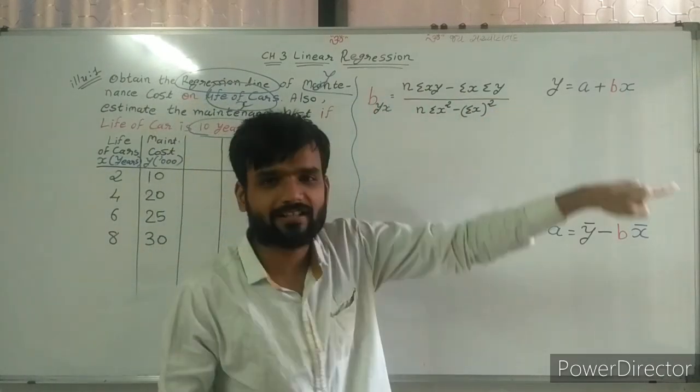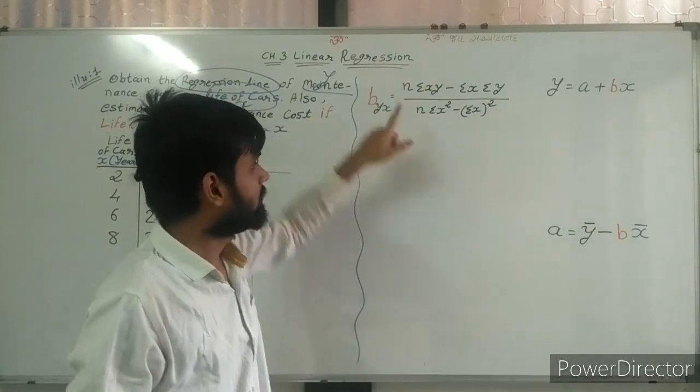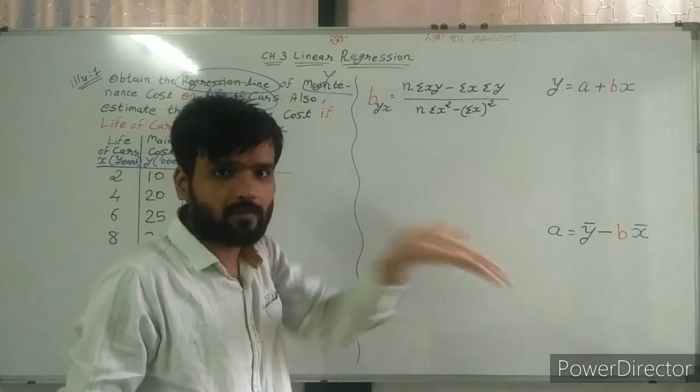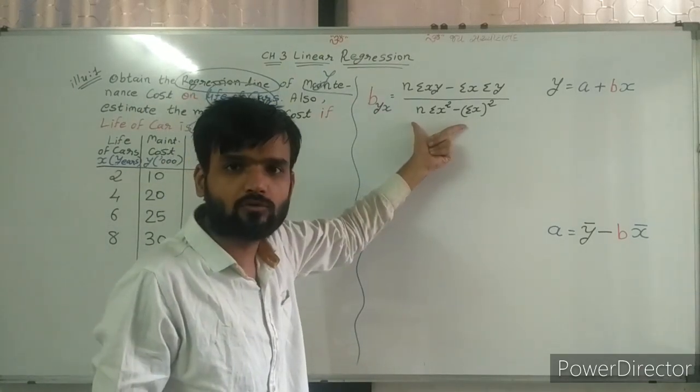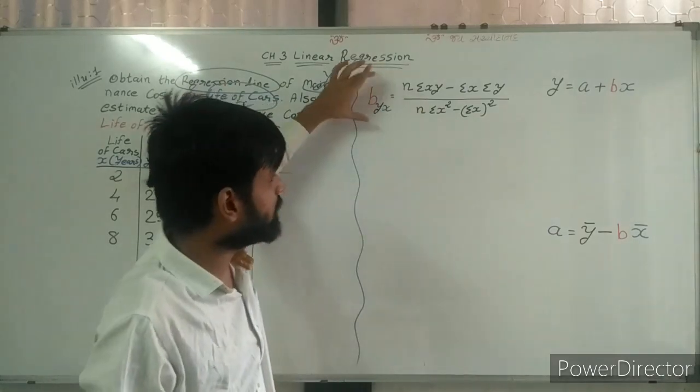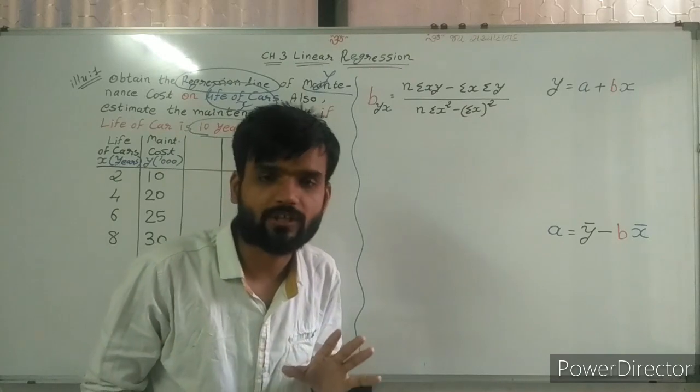Don't write the root sign. Y depends on x, so x is the base, so only x values are written in the denominator. In this way we can find the value of b.